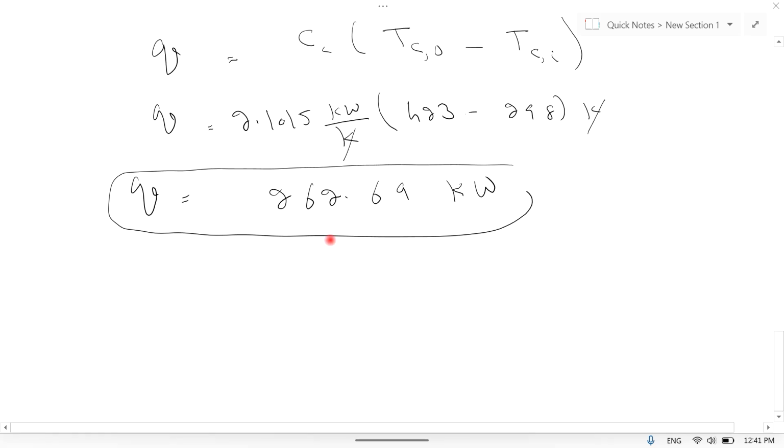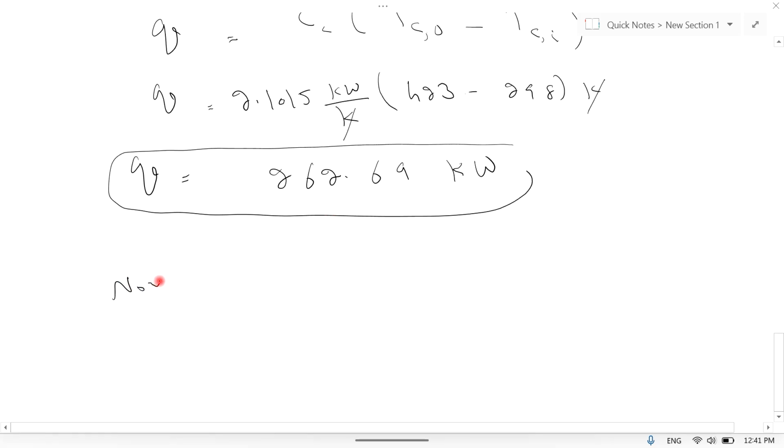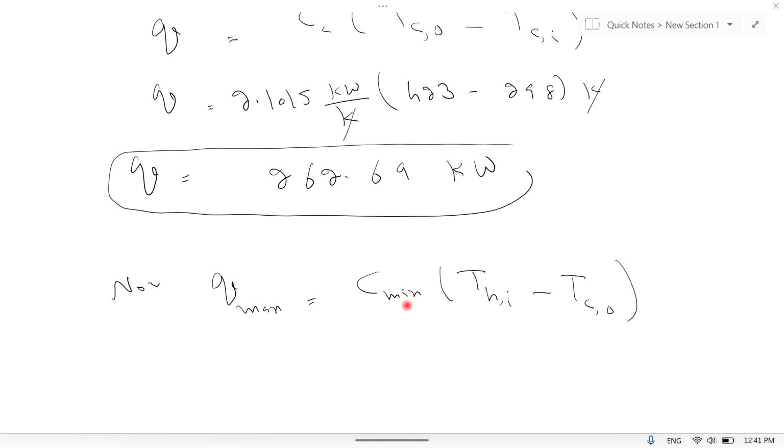Now we find Q maximum. Q maximum is C minimum into THI minus T cold water inlet. Why do we use C minimum? Because Q maximum means maximum heat transfer and C minimum is minimum heat capacity. When heat capacity is low, then heat transfer will be maximum.